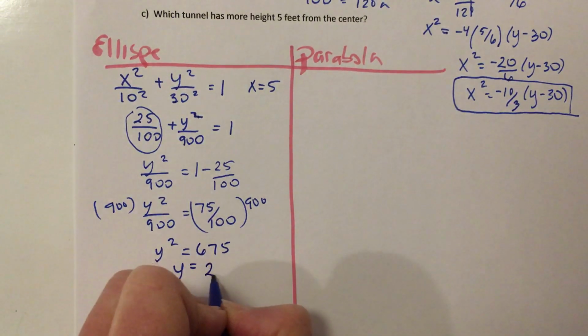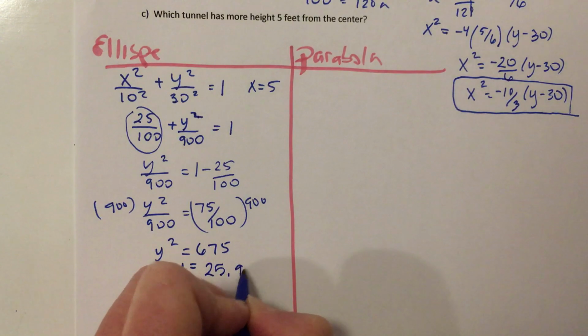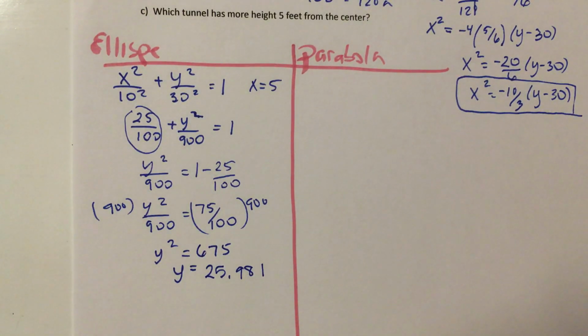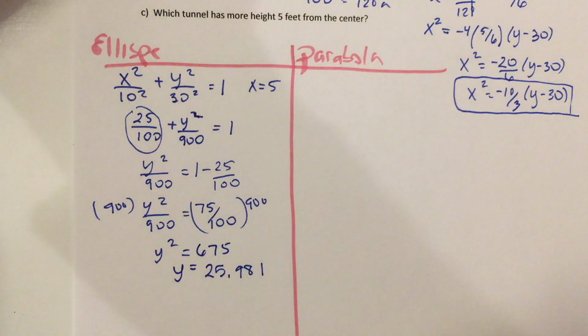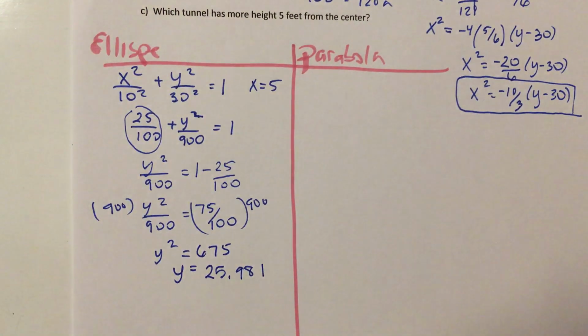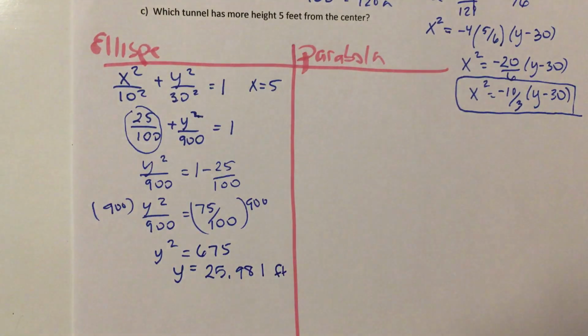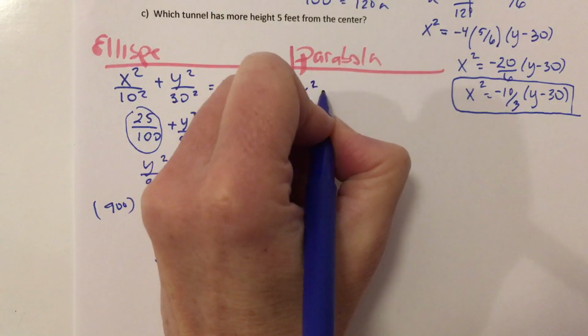You get 25.981. So that means that if you go 5 feet out, you're going to get a clearance of 25.981 feet.